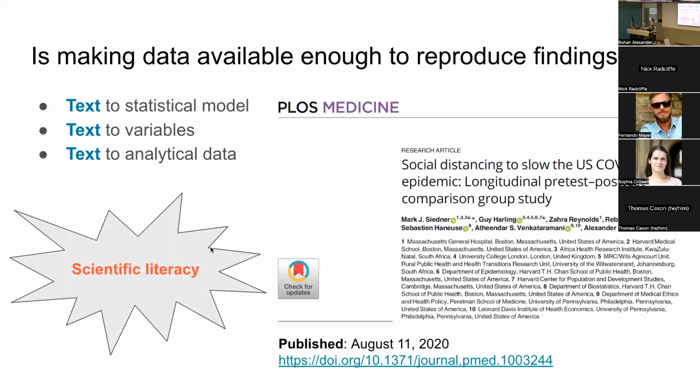One of the examples I want to show is this paper that was published in 2020 about social distancing to slow the US COVID-19 epidemic, a longitudinal pre-test and post-test comparison group study. In my class, I've done this twice now. A group of students and I go through the paper and try to reproduce their primary analysis.